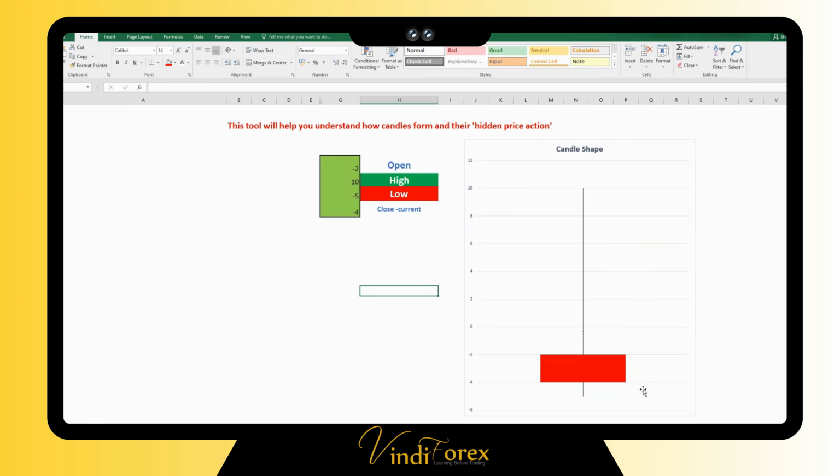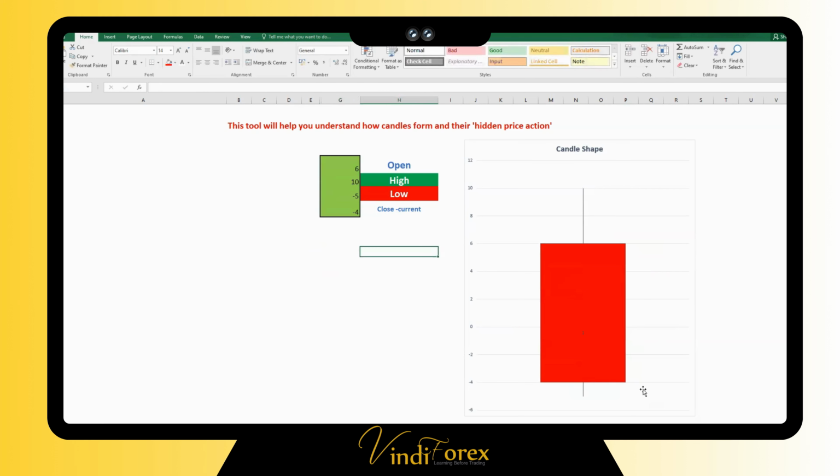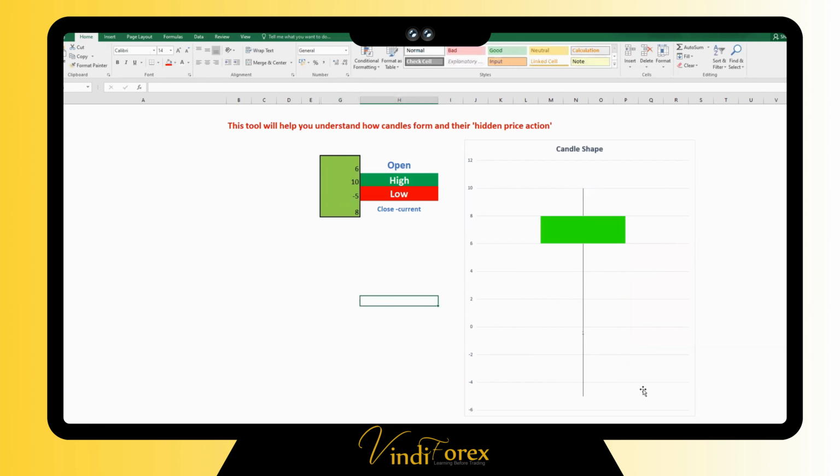Let me just give you a last example before I shut this thing down. Same as if this had opened here, let's say at 6 and was currently at 8. Where did it open? At 6 here. At some point it was down here.